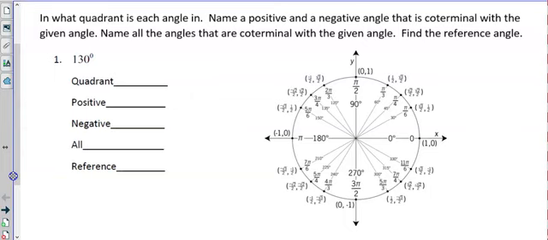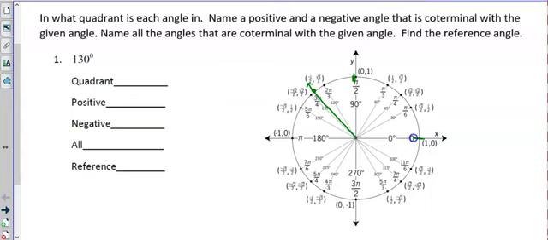So first one here is 130 degrees. So 130 degrees isn't exactly on the unit circle, but here's 0 and here's 90, and we need to keep going 40 more past that. So it's going to end up being somewhere in here. Okay. And that right there, that thing we drew, that's called the terminal side.